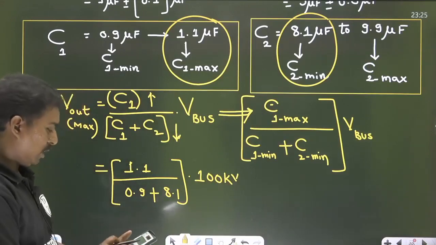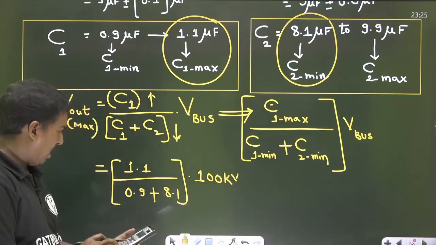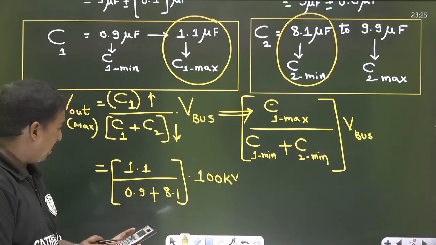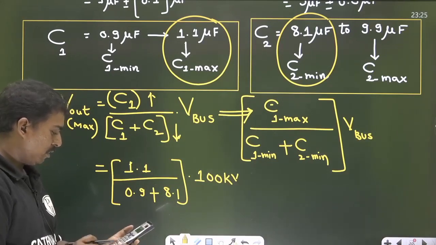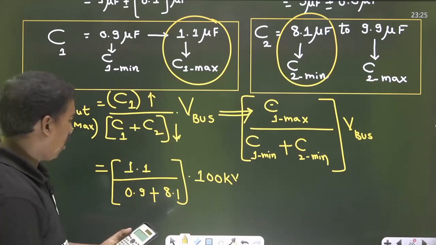Simplify, how much are you going to get? 1.1 divided by 0.9 plus 0.1 into 100. It's coming as 12.22 kilovolts.